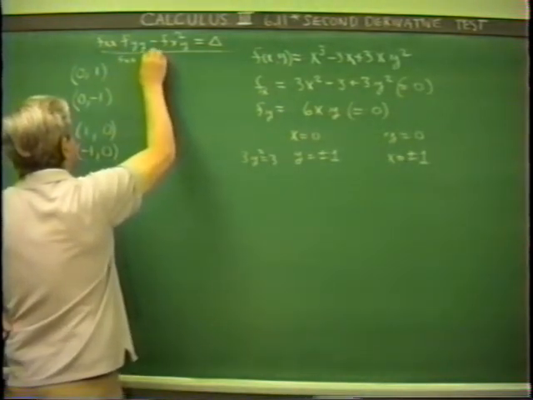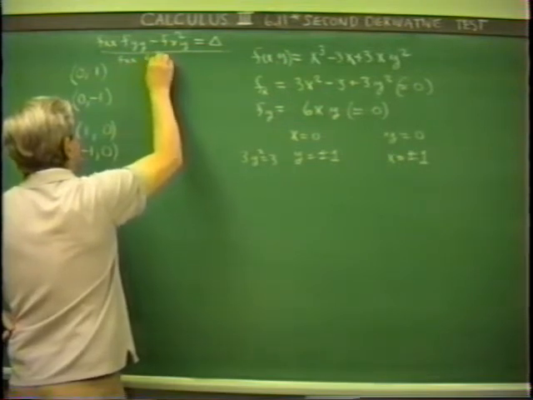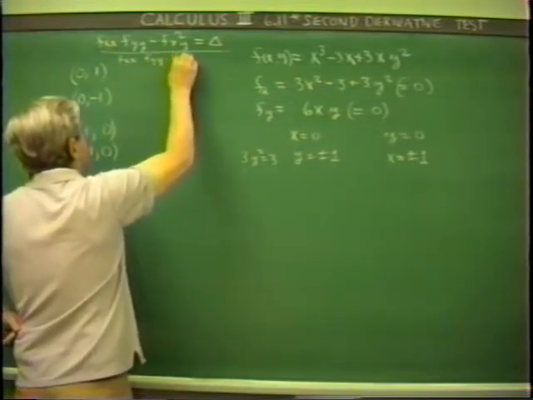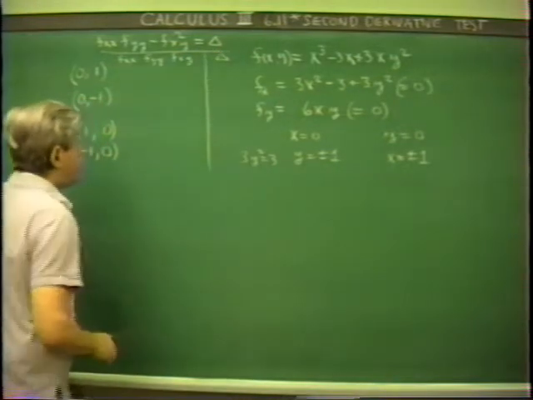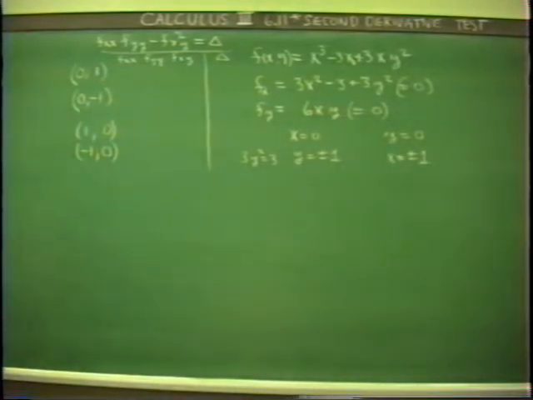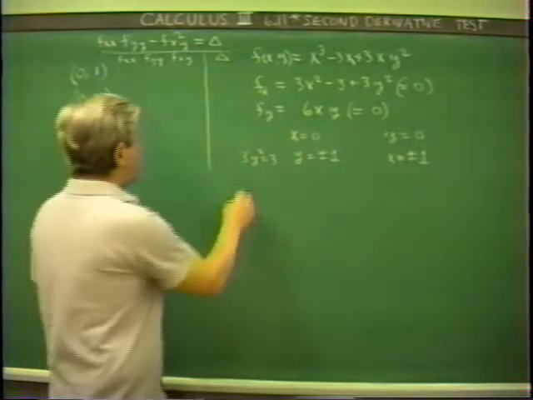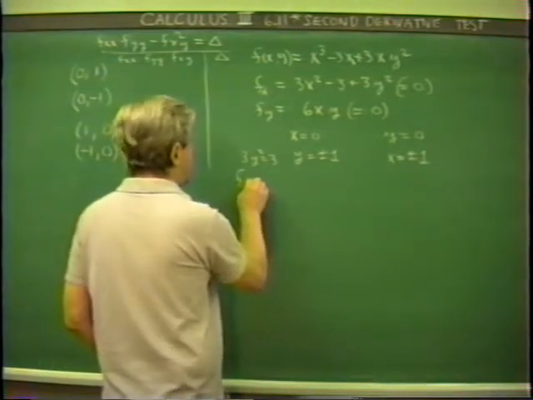Okay, so those are the candidates here. Sort of want to make a chart and take a look at the partial with respect to x with respect to x, second partial with respect to y with respect to y, the mixed partial, and finally delta.